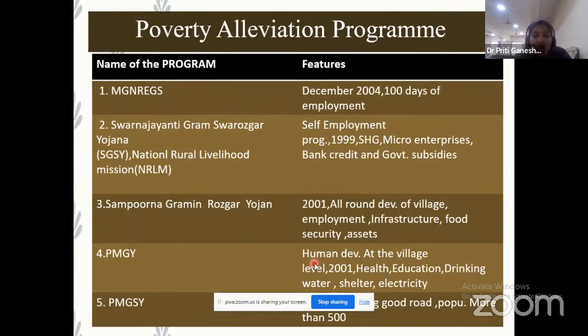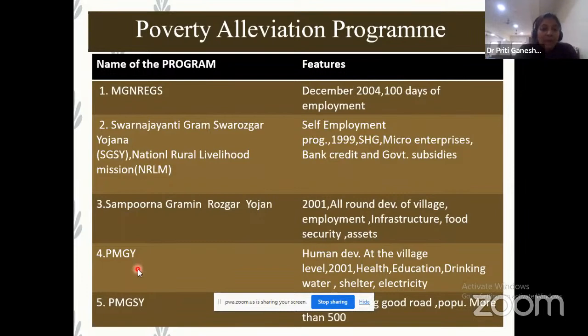They are focused on creating employment opportunities in the village, providing better infrastructure facilities and food security, and they insist that people should build up their own assets. Pakka ghar banao, so that the standard of living will improve and help the people.